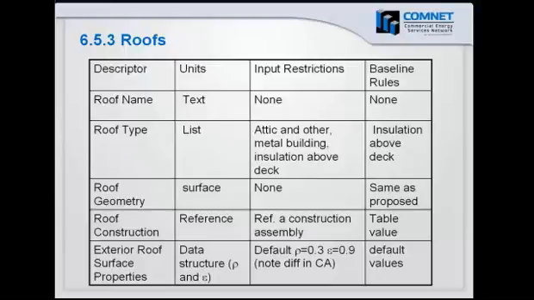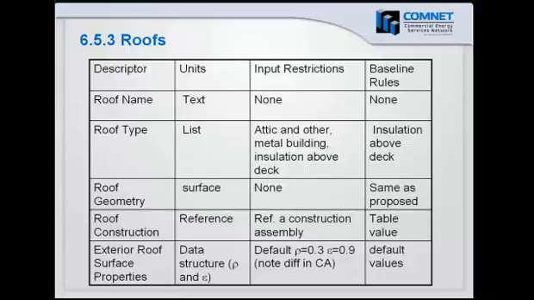This is a reference, so it references a construction assembly that's already in one of the COMNET tables. So this defines the baseline performance characteristics, such as U factor. And then finally, exterior roof surface properties. This is a data structure which includes age, reflectance, and emittance. And by default, there's an aged reflectance of 0.3 and emittance of 0.9.